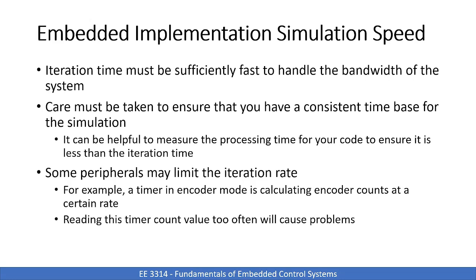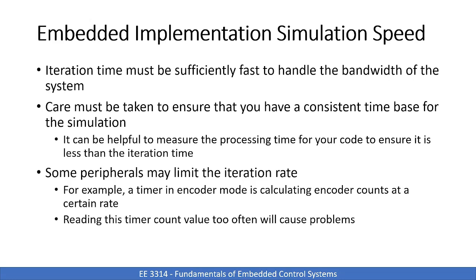So if you're iterating at 100 times a second, in other words 0.01 seconds per iteration, you'd want your calculations to be less than maybe a tenth of that, so maybe 0.001. You'd want all the calculations to be done in about a millisecond. It can get right up to it, but keep in mind there's going to be some variation in that time, so you want to leave a little bit of a buffer there. I'll show how we can do that in the code.